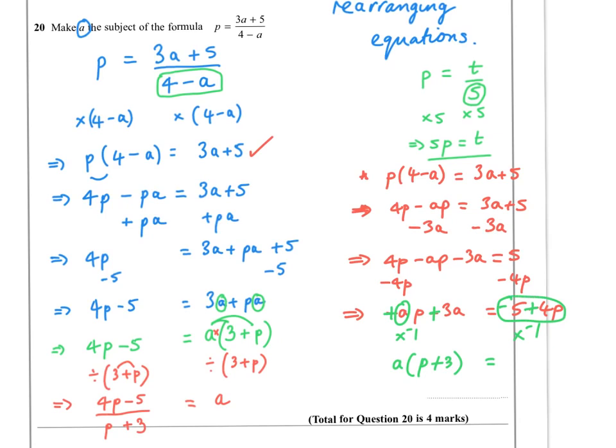Now, generally in maths, you don't generally leave a negative number leading the expression. That's when you get to a more higher level, you'll see that pattern appear quite a lot. So you can write minus 5 plus 4p and then divide both sides by p plus 3 just like before.